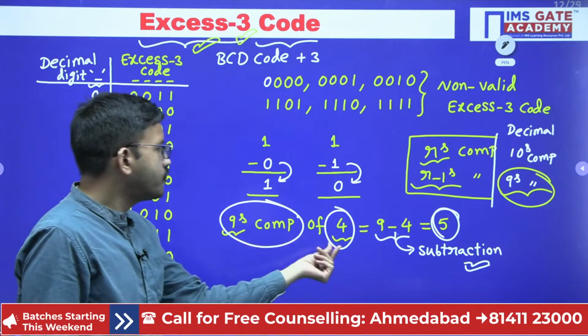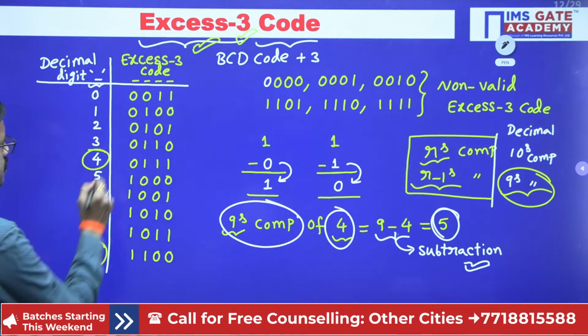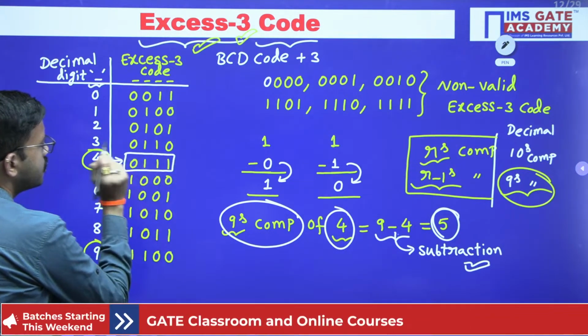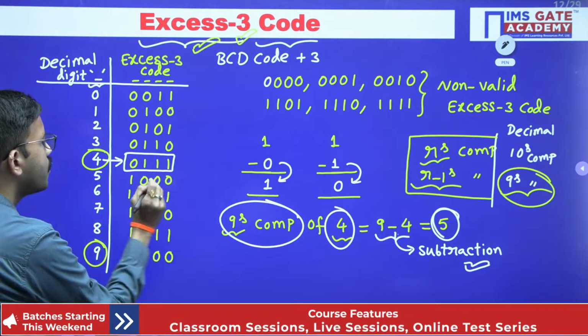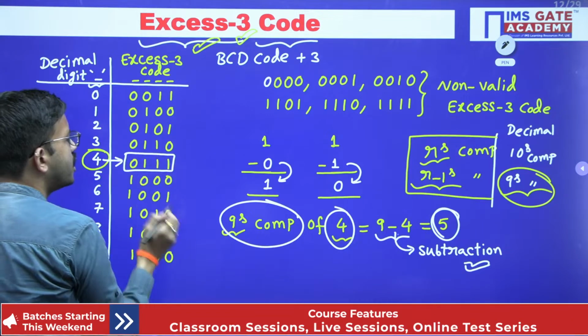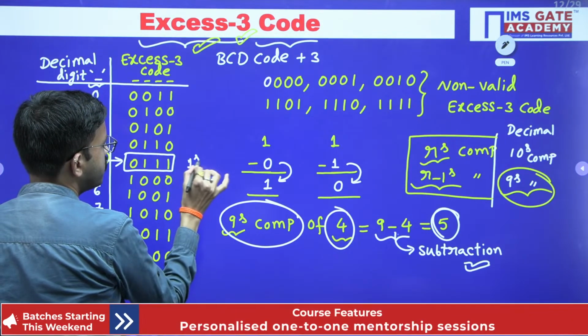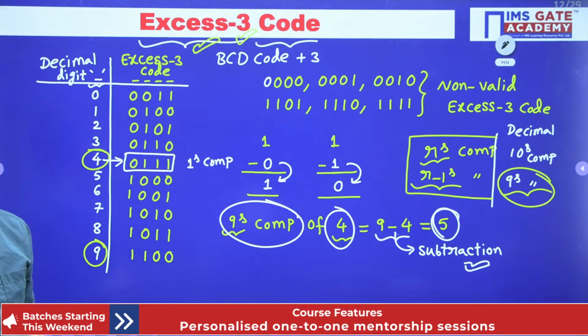So for 4, we want to calculate the 9's complement, right? So just consider here for 4, the XS3 code is what? 0111. Now, whatever XS3 code you got, just apply 1's complement. What is the number you are going to get?